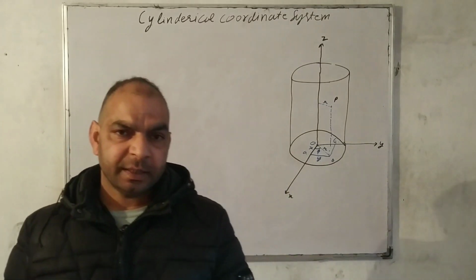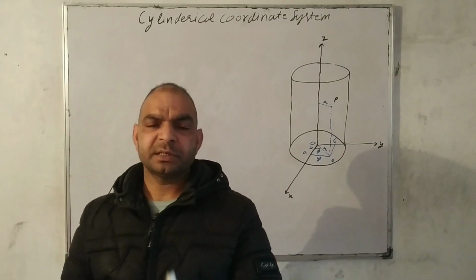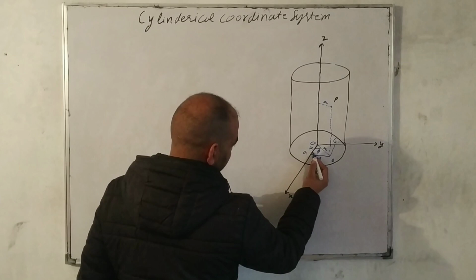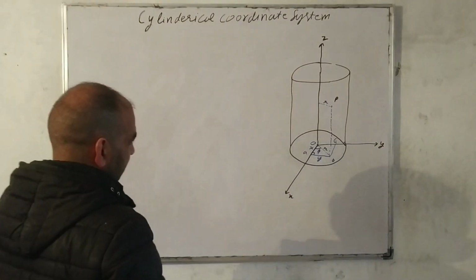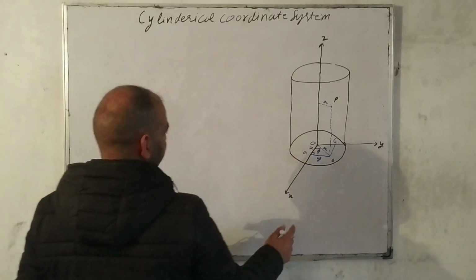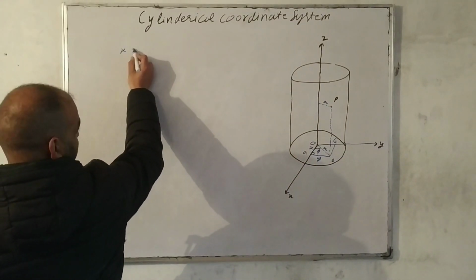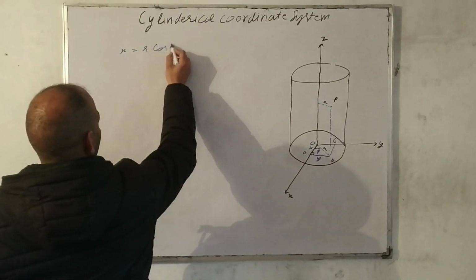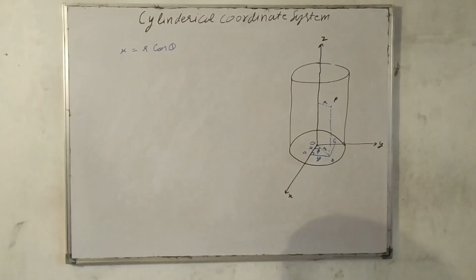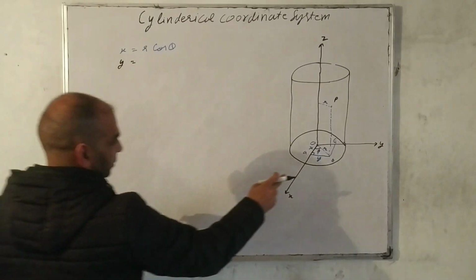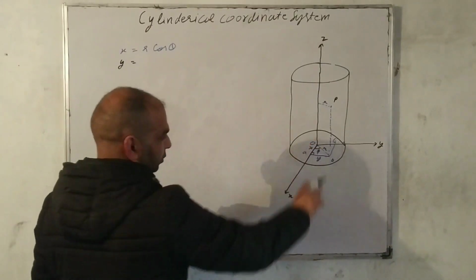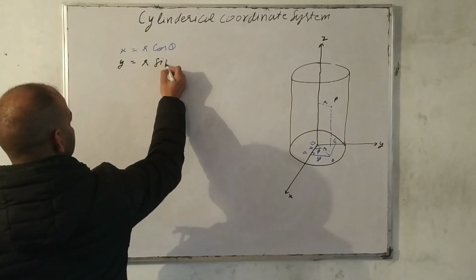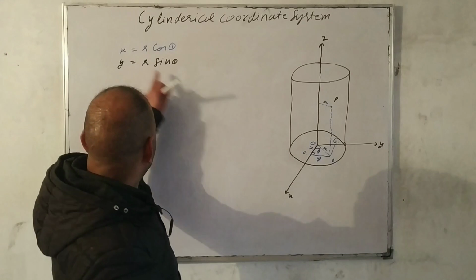First of all, we will draw a relation between Cartesian coordinates and cylindrical coordinates. From here we can see this is a right angle. So from this triangle OAB, x equals r cos theta, and y upon r equals sin theta, so y equals r sin theta.